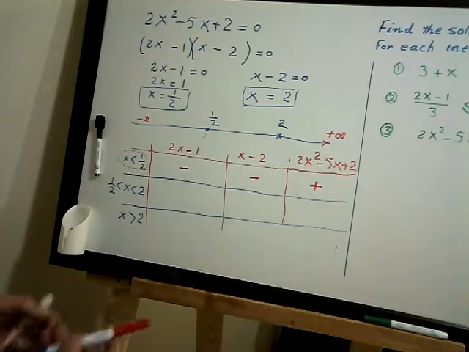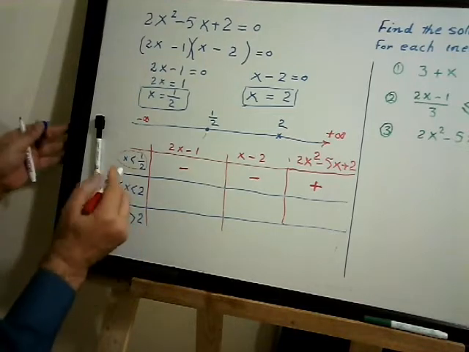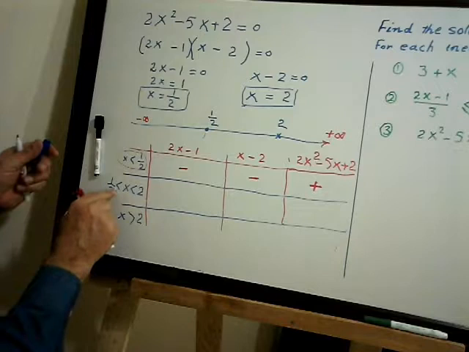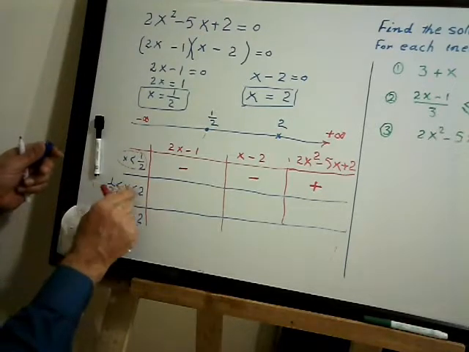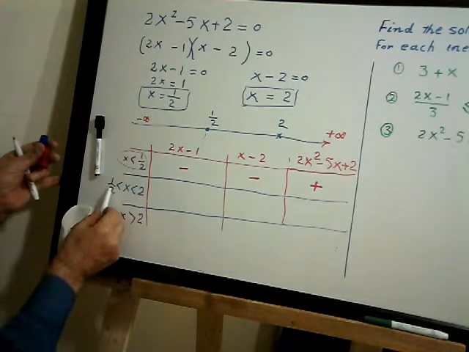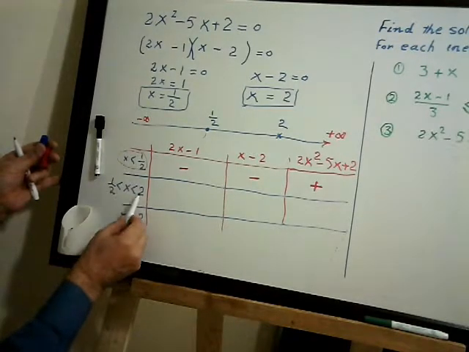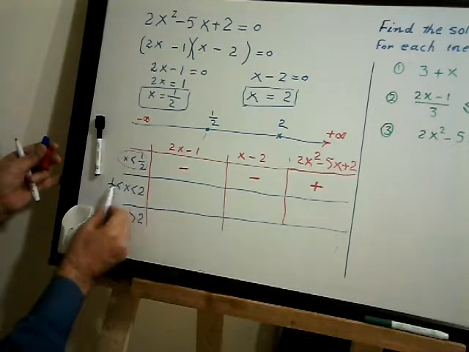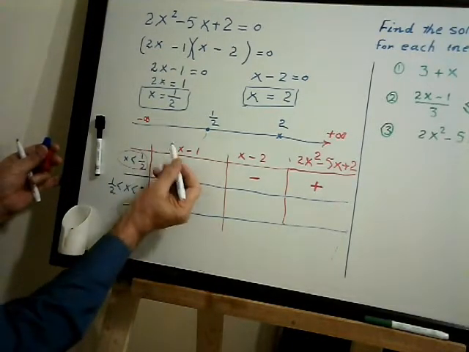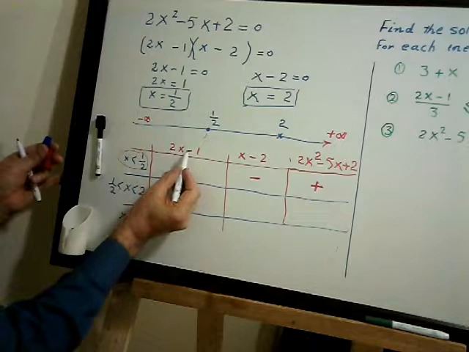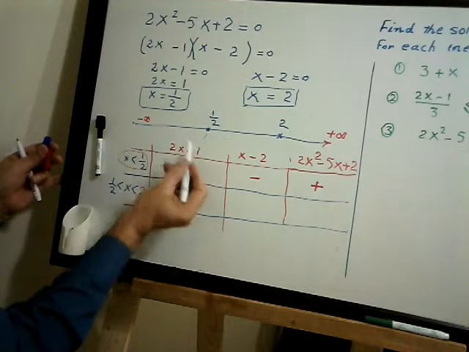Again, we do the same thing for the other interval. Let me take a number between 1/2 and 2, for instance 1. By taking 1 instead of x here, 2 times 1 is 2, 2 minus 1 will be plus 1.